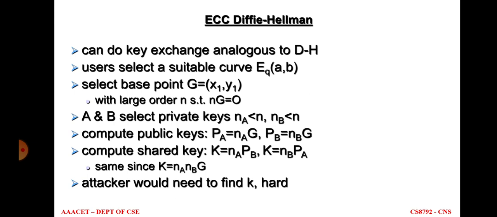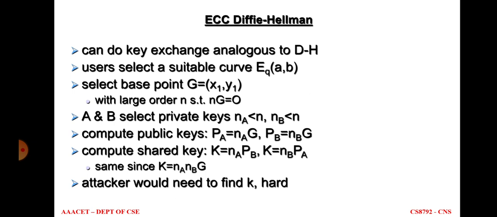Because we have to combine the concepts of ECC and Diffie-Hellman, in the public key computation we include both the private key value and the base point value, that is PA is equal to NA into G and PB is equal to NB into G.